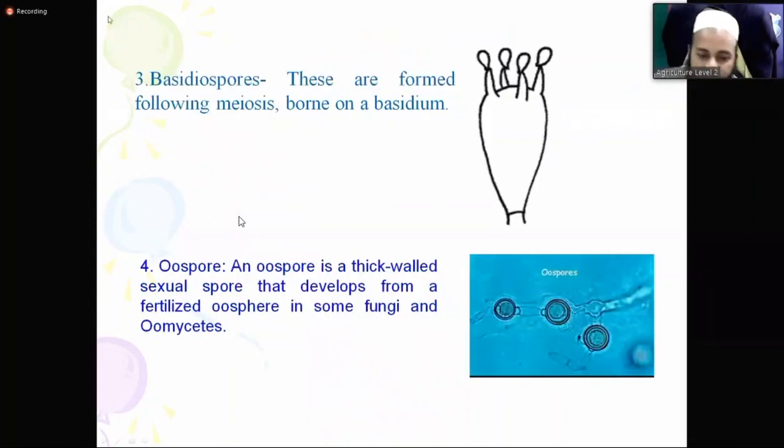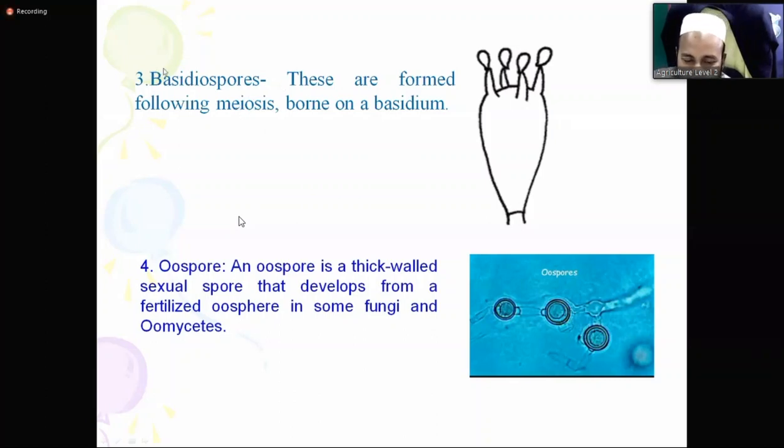Basidiospore. Basidium, you can see there is a structure. It looks like a club-like structure. So it is called basidium. The spore which is born on the basidium is called basidiospore.